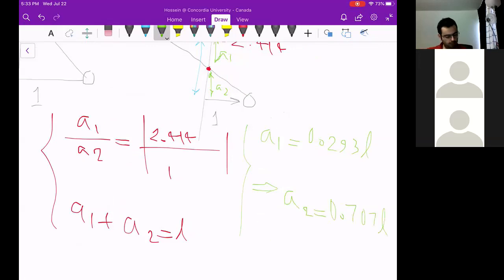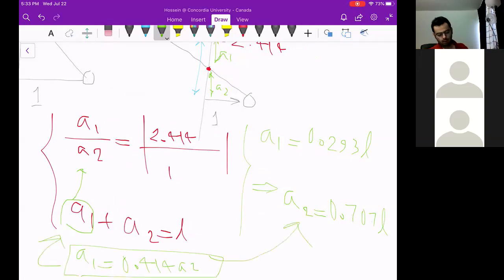So all you have to do is substitute either A1 or A2 by one of the two relations. You substitute A1 here, solve the equation for A2, and since the summation of the two is L, you could easily find A1.